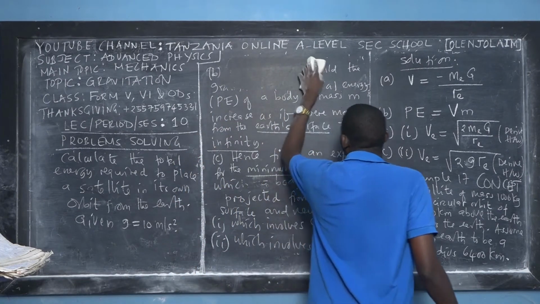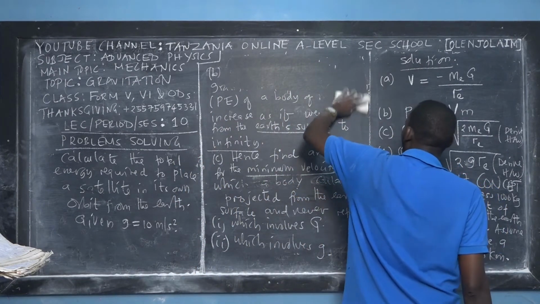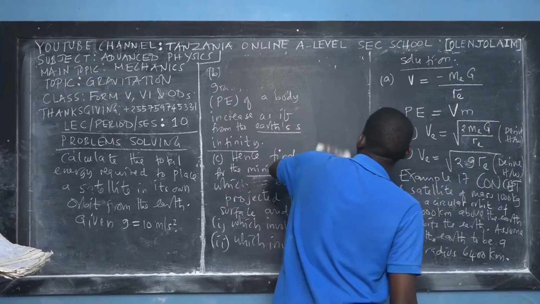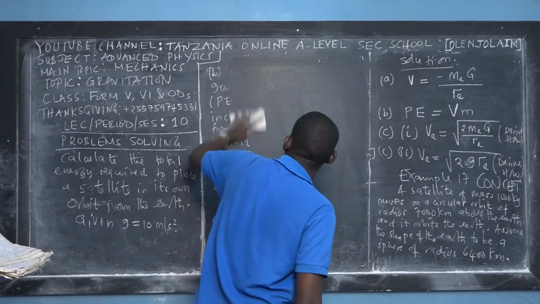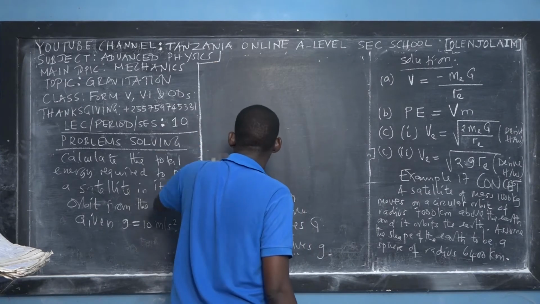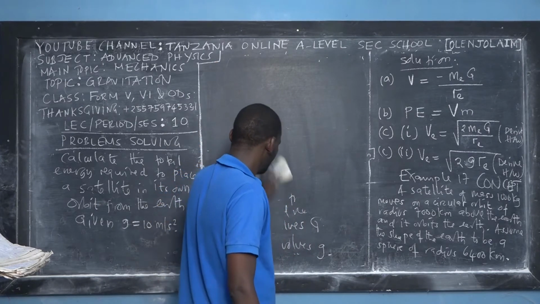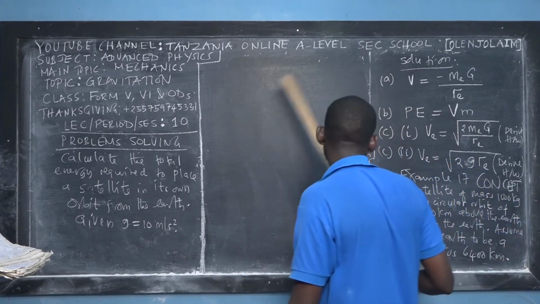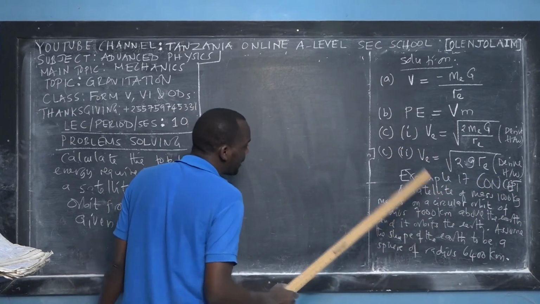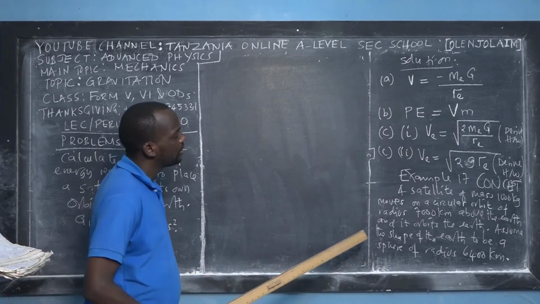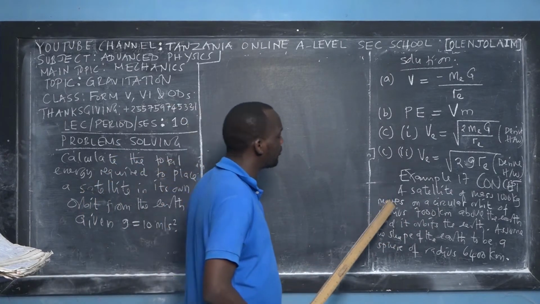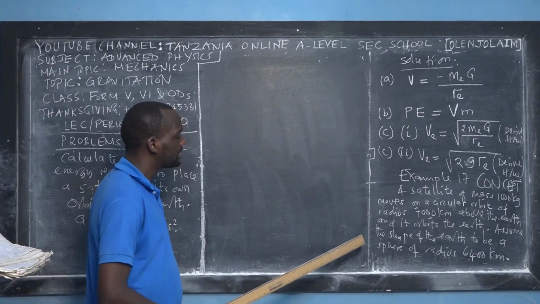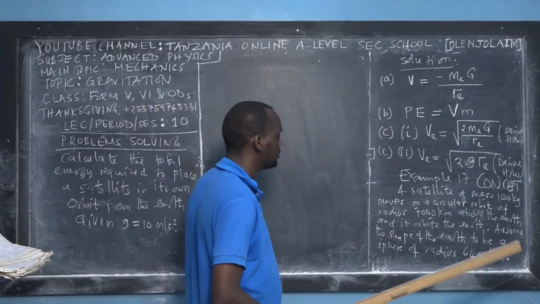Try to think how you can solve that problem with reference to what I taught you in the previous lectures. Let us read the question first. A satellite of mass 1,000 kilograms moves on a circular orbit of radius 7,000 kilometers above the Earth, and it orbits the Earth.